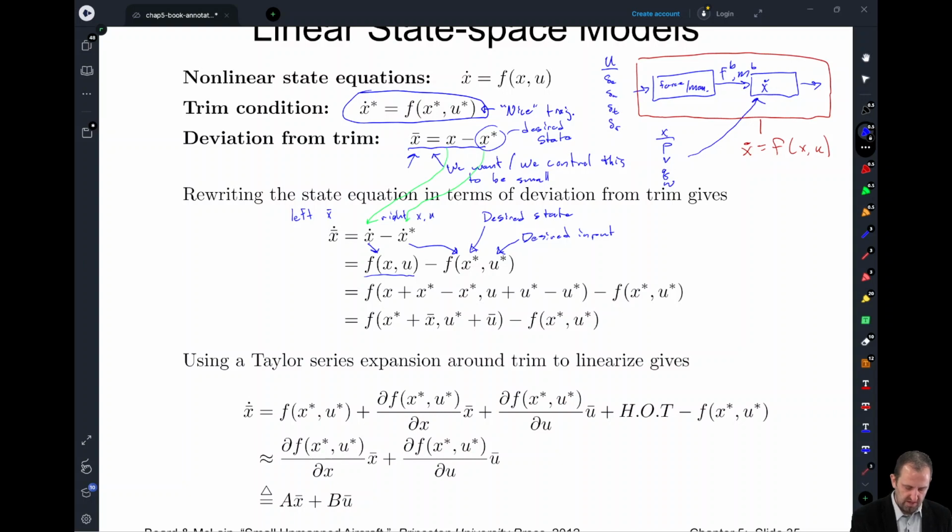If we recall the definition of our deviation, we could then just write that x is equal to x bar plus x star, and similarly u is equal to u bar plus u star. That's all we're doing here. So we take our x and we substitute that in right here.